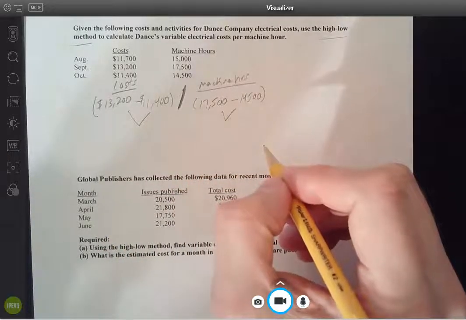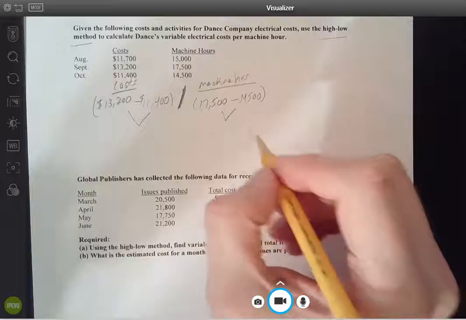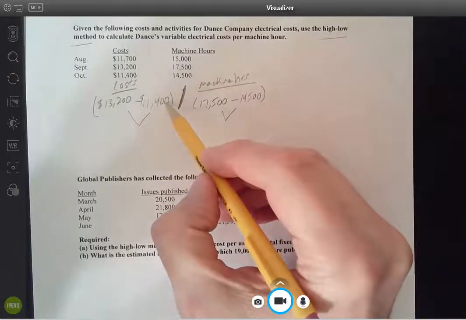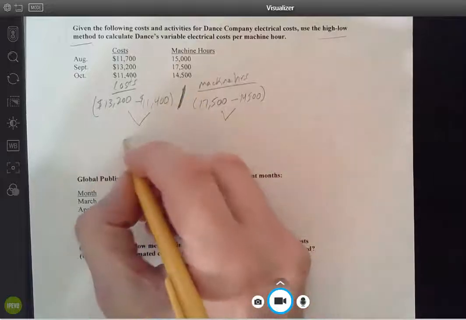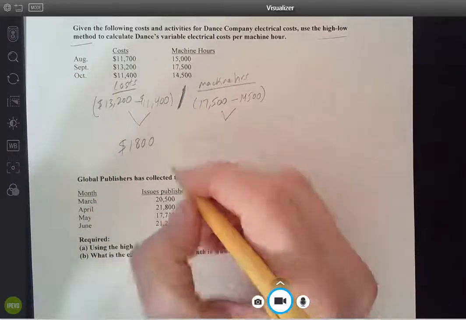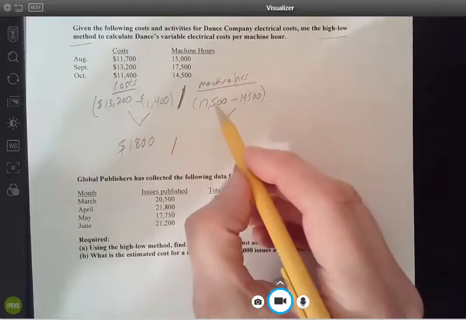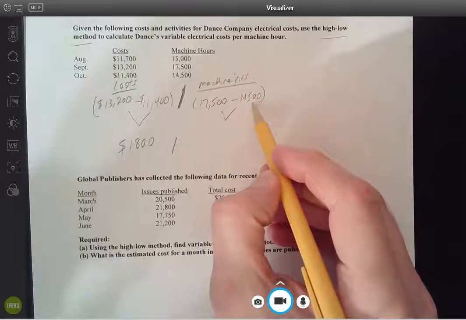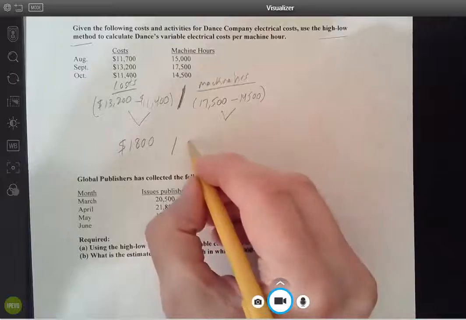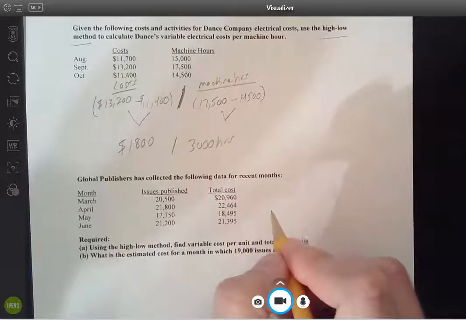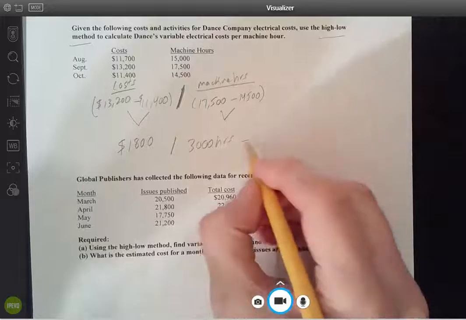Okay, so let's think about this. 13,200 minus 11,400 is $1,800, divided by 17,500 hours minus 14,500 hours is 3,000 hours. If we execute this, they are asking us for cost.